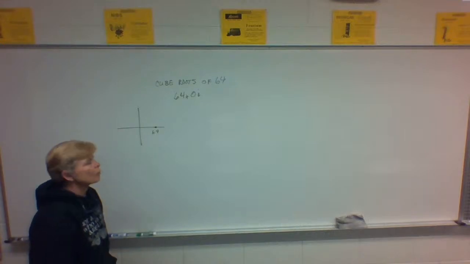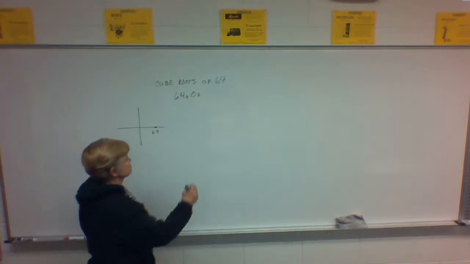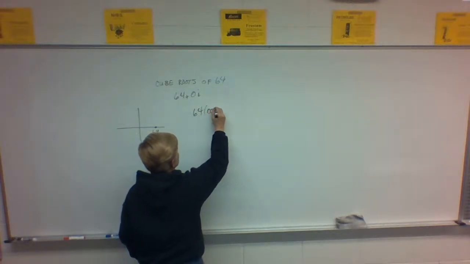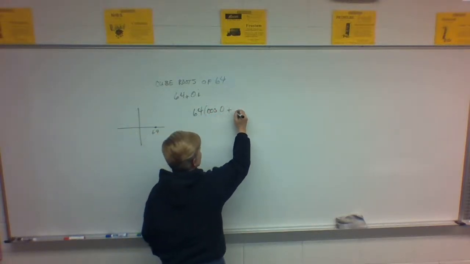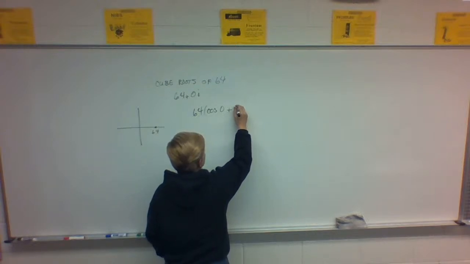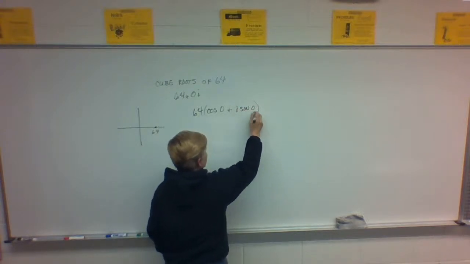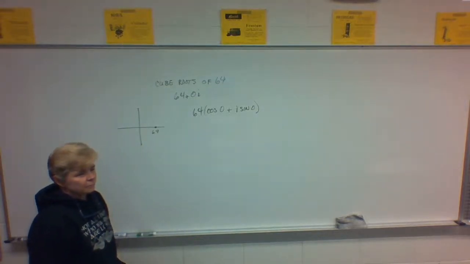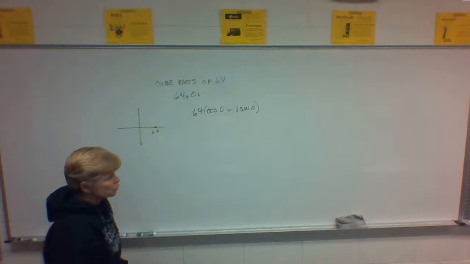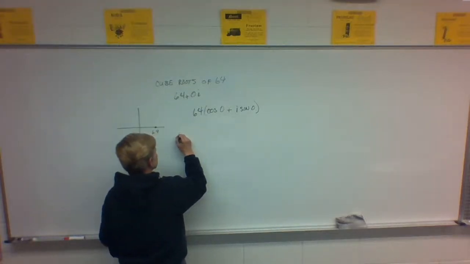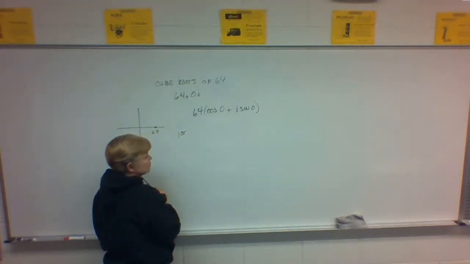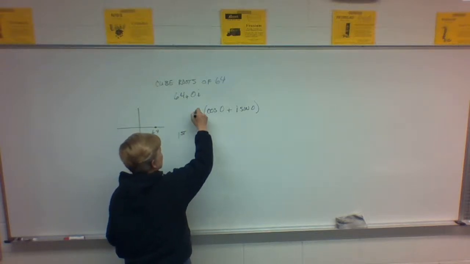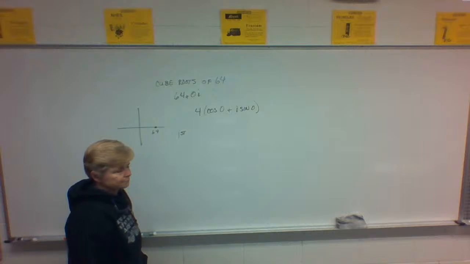What is the cis form of this now that you've graphed it? 64, and the angle is 0. That's the angle that I see when I plot that. Are we clear? Yeah. What's the first root? If it's written in cis form, what's the first of the 3 roots? Sorry, this shouldn't be 64, this should be 4. It's the cube root of 64.